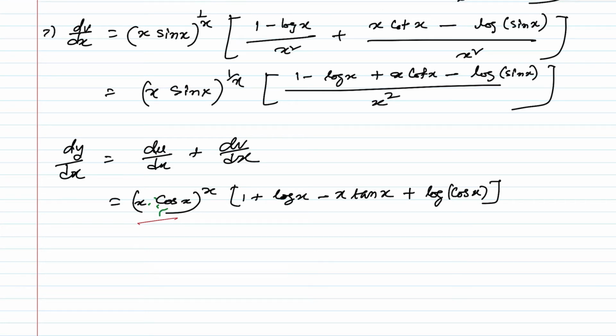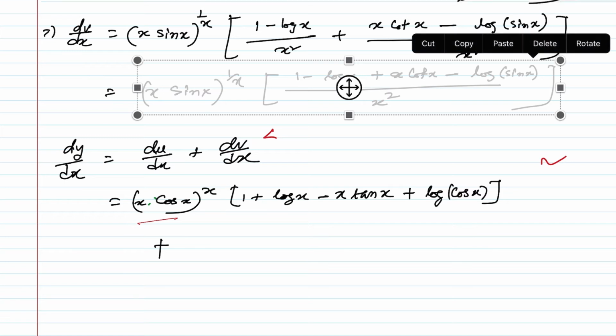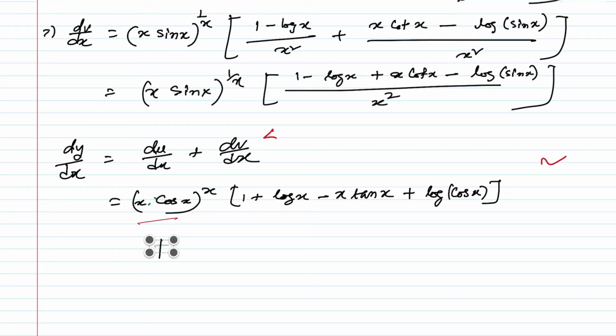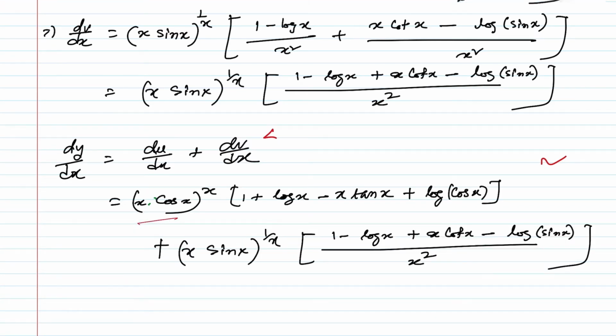Then let us put this value of dv by dx here, plus, let us copy this one again. So here is the dv by dx. This is our answer, the required answer, that is dy by dx.